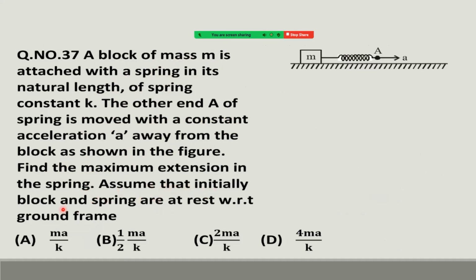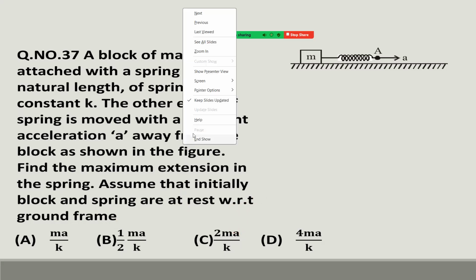Assume that initially block and spring are at rest with respect to ground frame. And you can see this question is almost the same as the previous problem. There we got maximum elongation is 2mg by k. The only change is in the place of g, it is now a. Okay, let us see once.